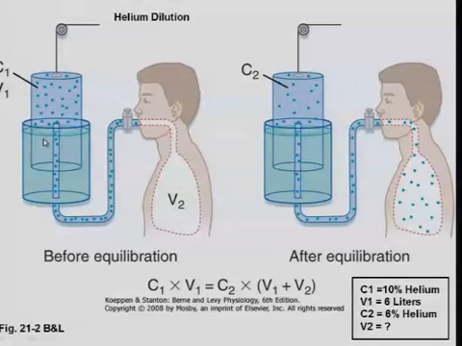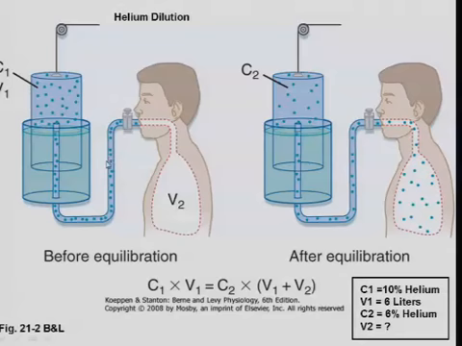Now, once again, if we hook ourselves up to a spirometer type device in which we have a known concentration of helium and a known starting volume, okay, so now we have a calculated starting point, and we can measure a variety of different volumes depending on where we start our inspiration.